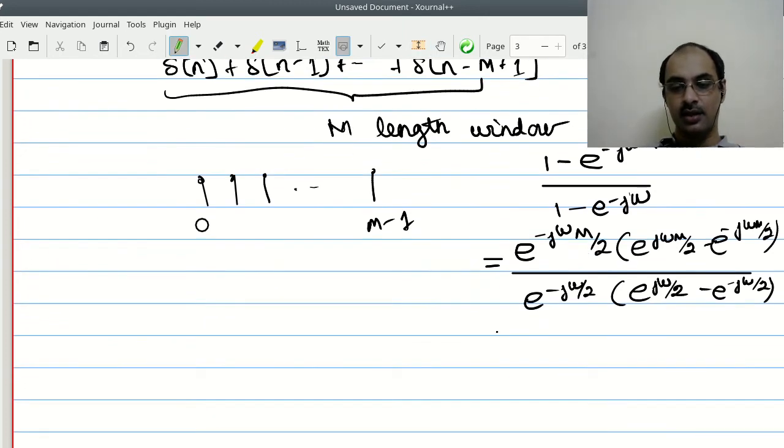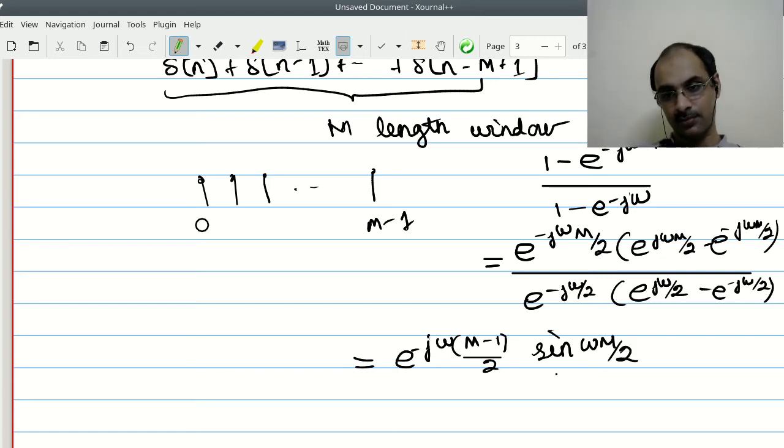If you simplify this, this turns out to be e power minus j omega (m minus 1) by 2 times sine omega m by 2 by sine omega by 2, because you can divide both by 2j.